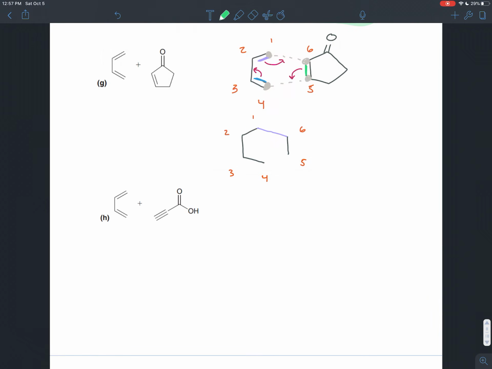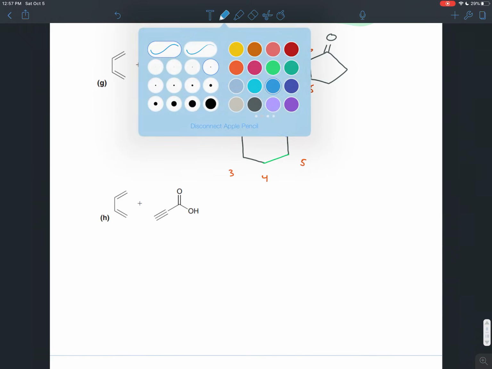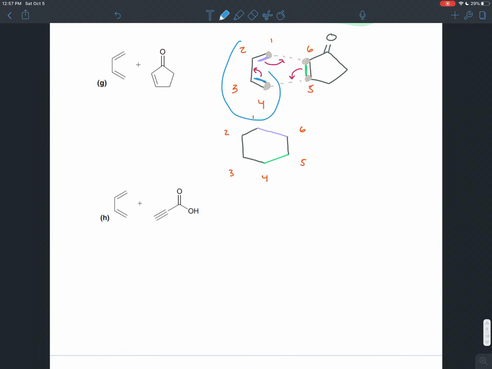The green electrons are going to go from being between carbons 5 and 6 to being between carbons 4 and 5, so that forms this other sigma bond. The dark blue pi electrons go from being between carbons 3 and 4 to being between carbons 2 and 3. So you form that new pi bond. And there's your ring. So that's the cycloaddition.